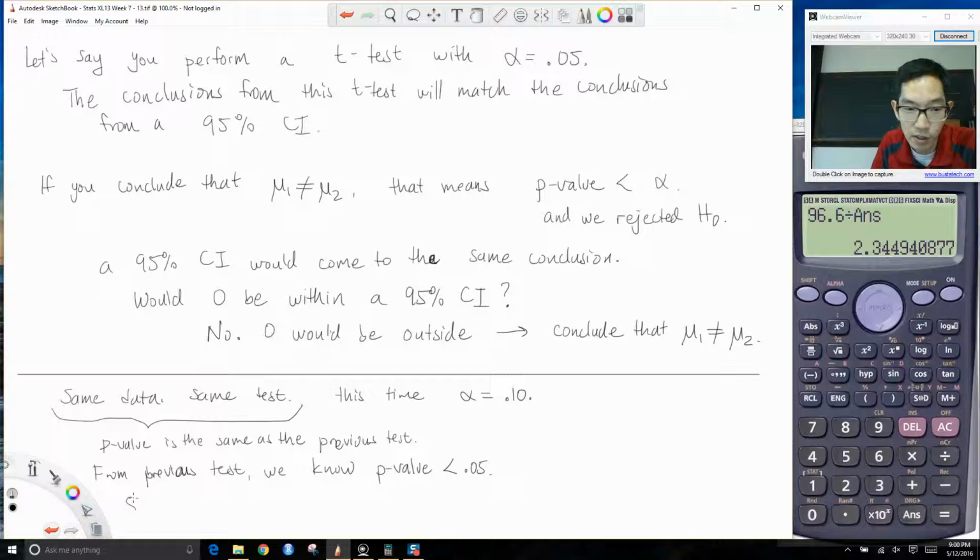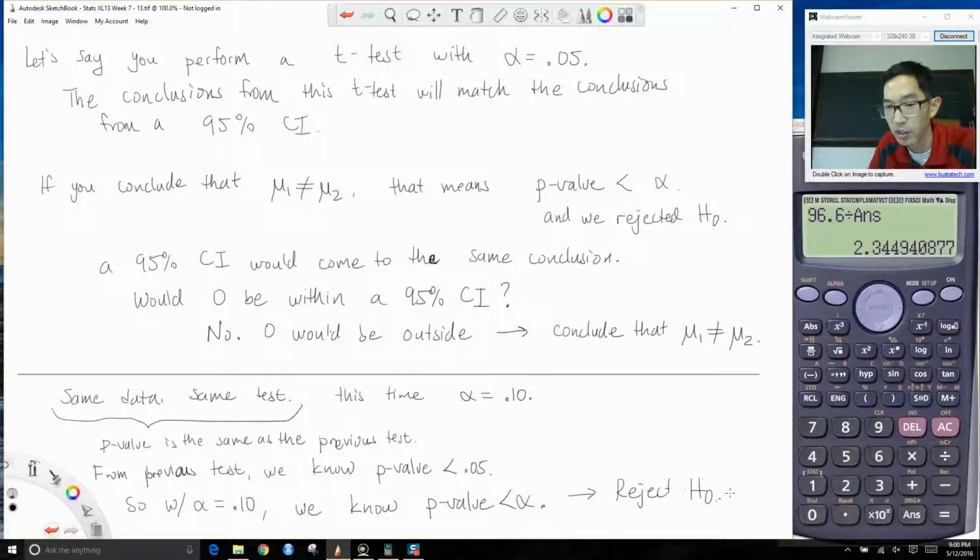And that would lead us to still reject the null hypothesis.